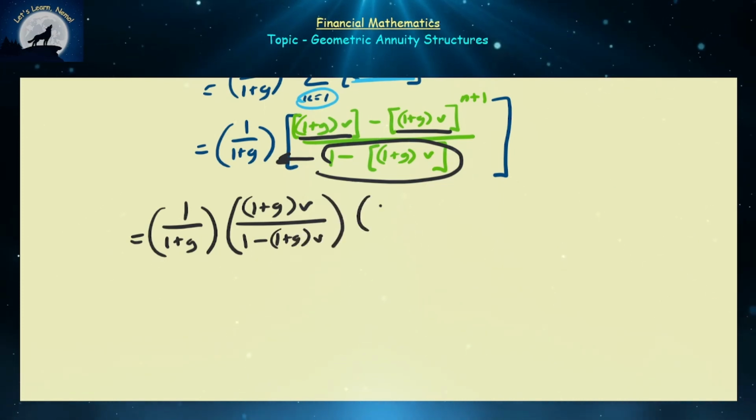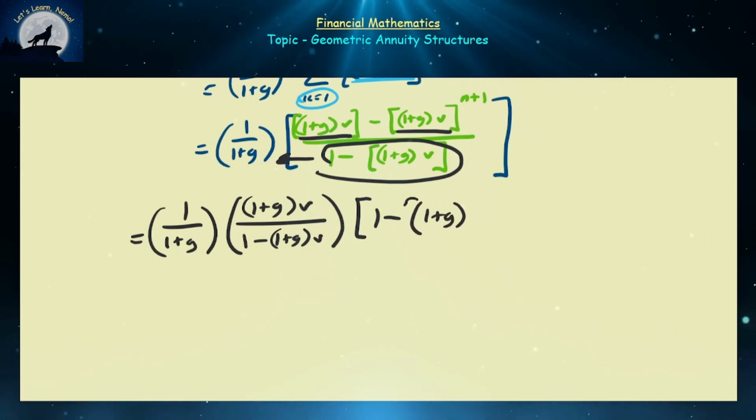And then I'm going to have 1 minus, let's actually put this in brackets. You might be able to see something very familiar here. (1 plus g nu) to the power of n, right? So we have this particular object.